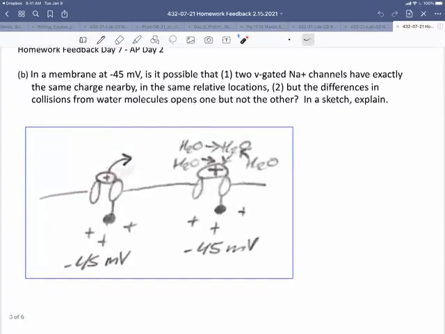For B, in a membrane at minus 45 millivolts, is it possible that two voltage-gated sodium channels have exactly the same charge nearby, three charges, in the same relative locations, but the differences in collisions from water molecules opens one but not the other? So it's important to understand that charges are what determine the threshold, but which channel opens is a mix of how close particular charges are plus random molecular motion.